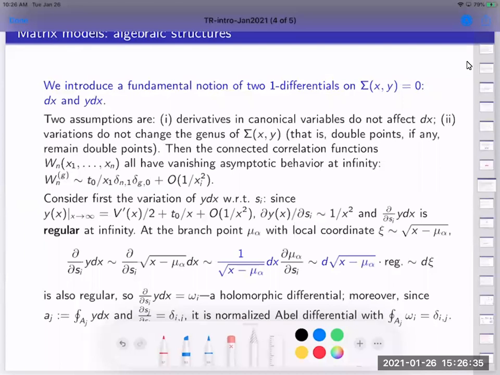I assume first that these S_i are independent of the coefficients or times of the potential. From our evaluation, we know this quantity has this asymptotic behavior as a function. I removed dx so far.